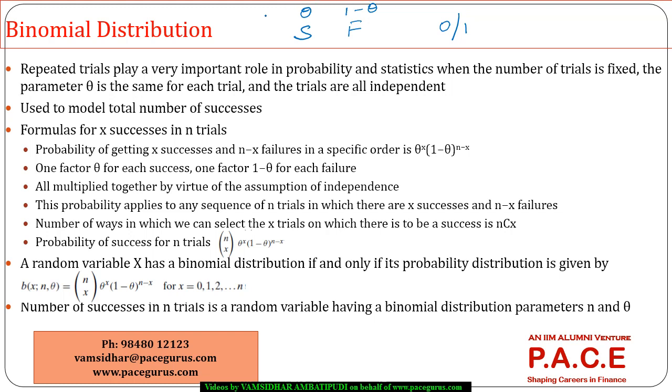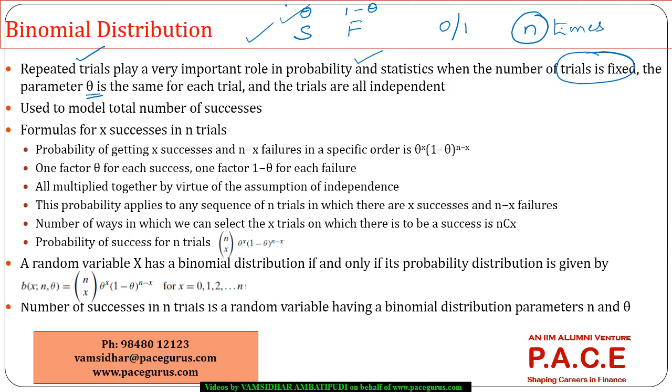Now this same experiment, if it is repeated n times instead of one time, we are doing repeated trials, because there are a lot of applications in probability and statistics where we work with repeated trials. The number of trials is more or less fixed. We know that in each case the probability of success is the same theta, because the same type of experiment is performed again and again.